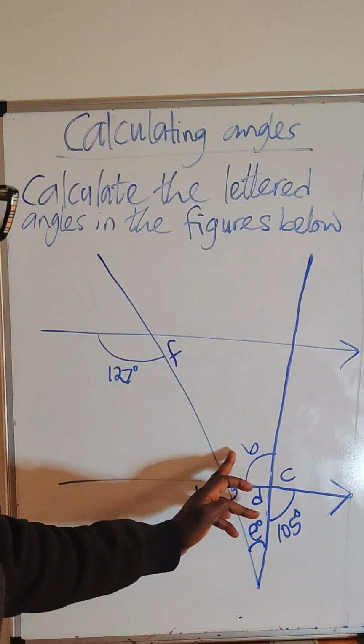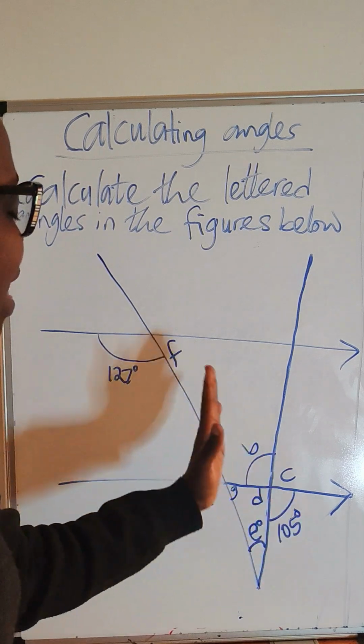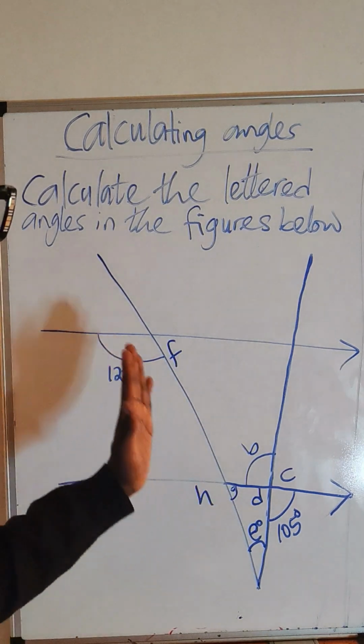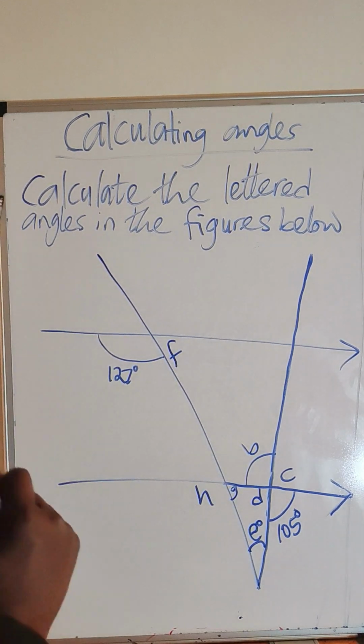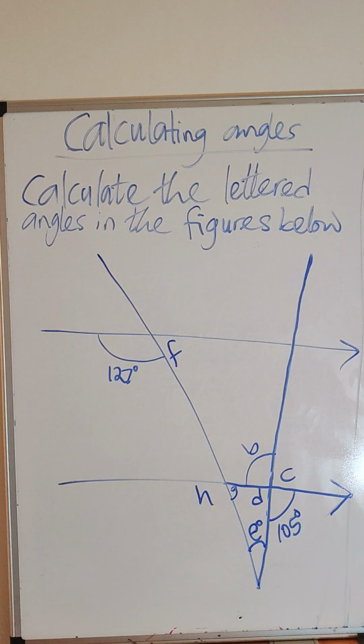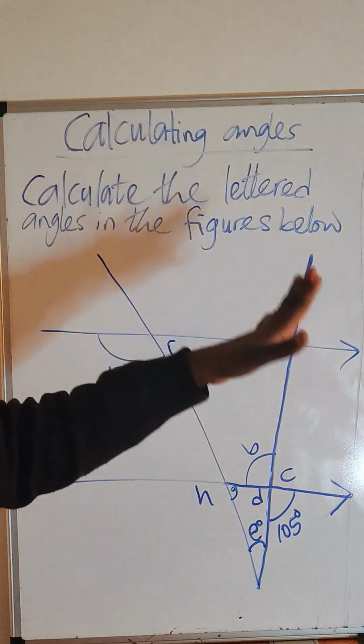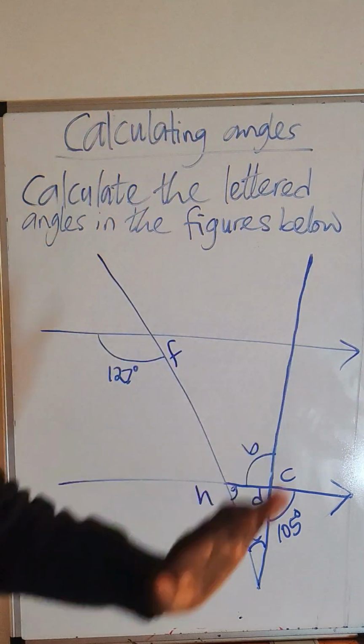If you look at letter B and this angle, they are vertically opposite. And so vertically opposite angles are equal. Therefore, B is equal to 105 degrees. After my explanation, I will write what the lettered angles are on the other side.